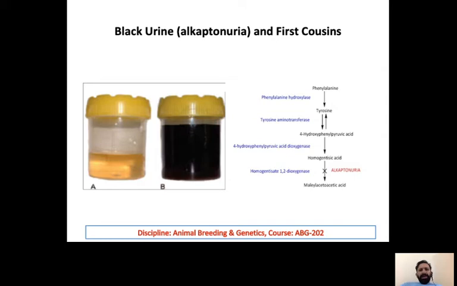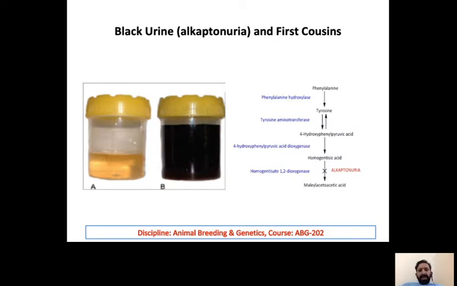On the right side of the slide, you can see a complete biochemical pathway through which phenylalanine is converted eventually into maleylacetoacetic acid.